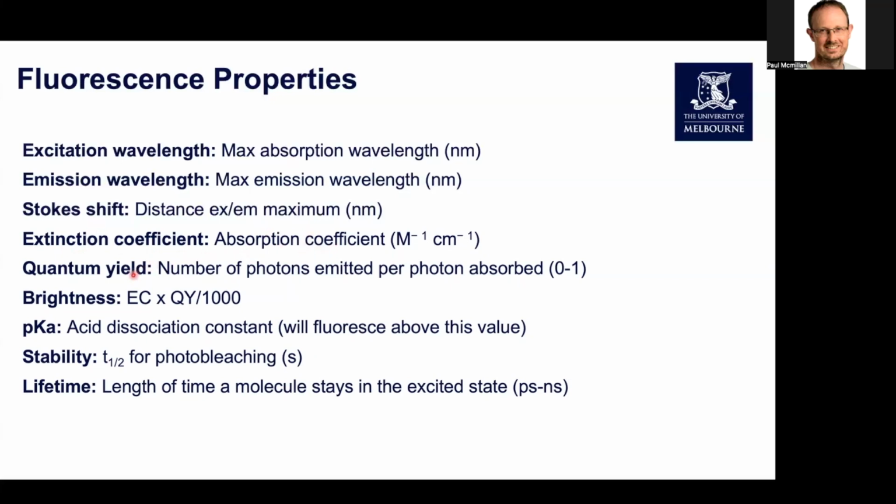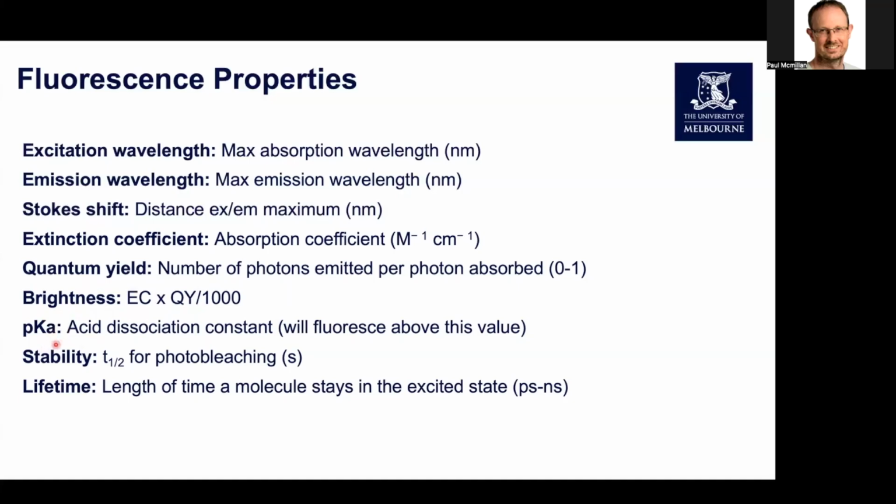We have the quantum yield, which is, I guess, the efficiency of converting a photon that's been absorbed into a photon that's been emitted. We have a measure of the brightness, which takes those 2 factors into effect, so extinction coefficient and the quantum yield.